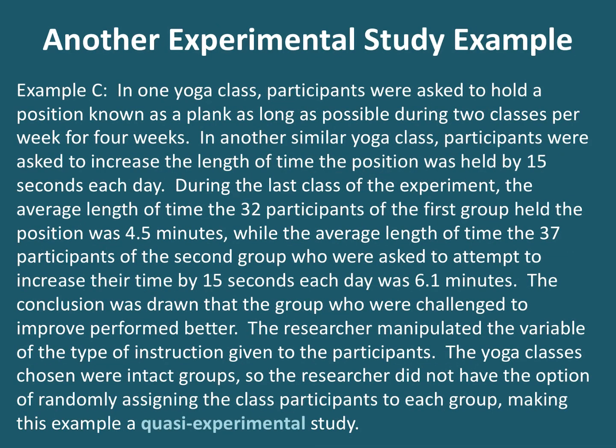Another example of an experimental study is, let's say we have a yoga class, and participants were asked to hold a position known as a plank as long as possible during their 2 classes per week for 4 weeks straight. In another similar yoga class, participants were asked to increase the length of time the position was held by 15 seconds each day.